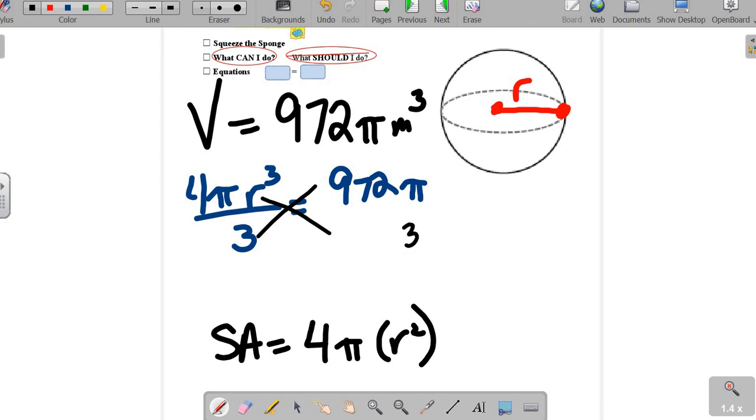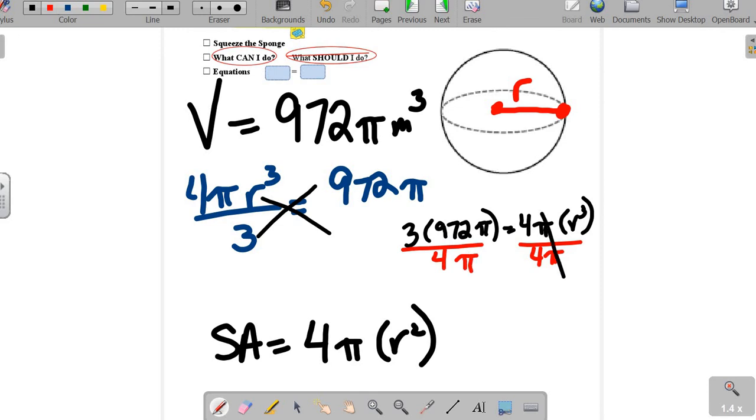So I'm going to get 3 parentheses 972 pi equals 4 pi r cubed. You're like, Miss Way, why didn't you multiply? The key to multiplying is not multiplying, it's factoring. So I'm going to factor out the 4 and the pi. That cancels. This cancels.